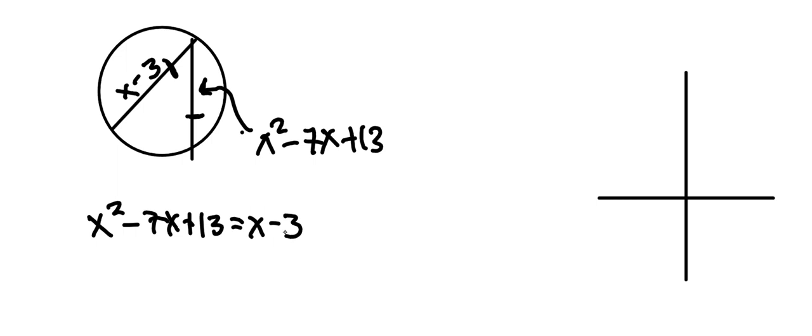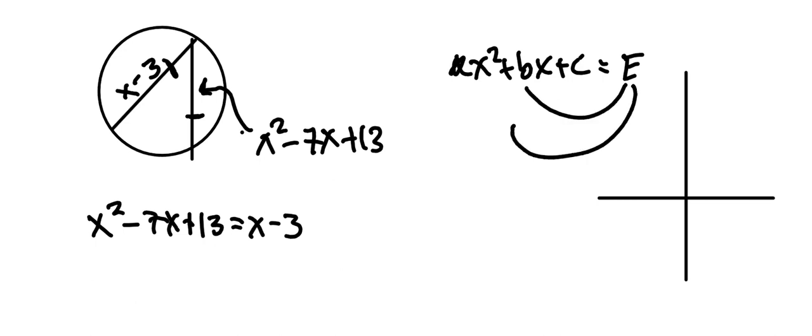Now, when we see x squared in this polynomial form, ax squared plus bx plus c, what we want to do is move everything over to the other side, because then we have our thing equal to 0, and then we can use the certain properties that 0 holds to actually solve this equation.